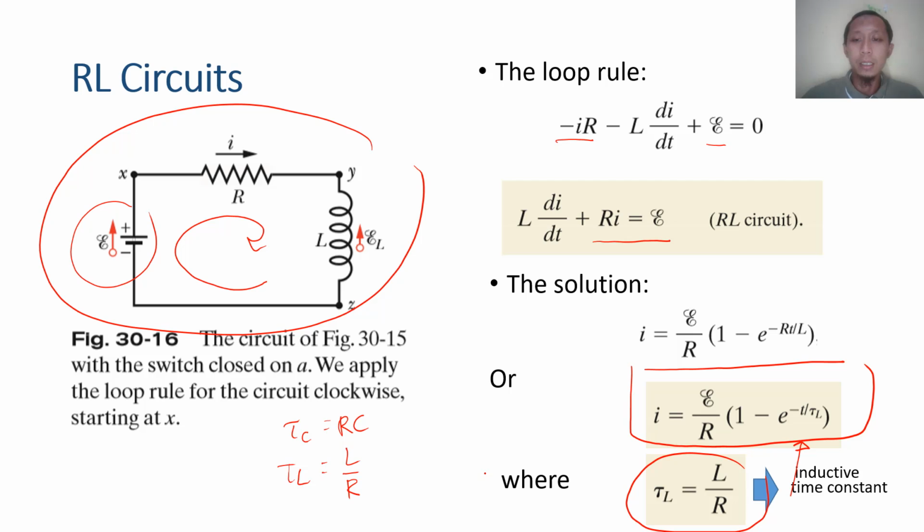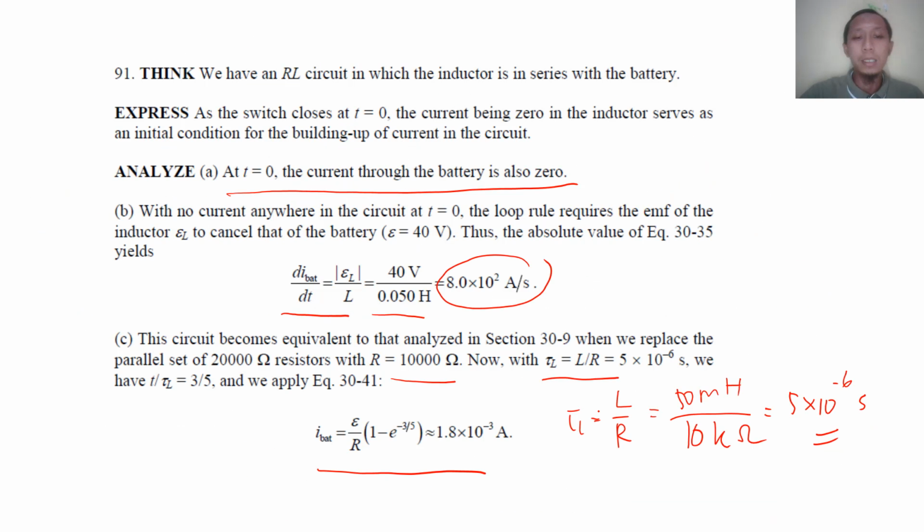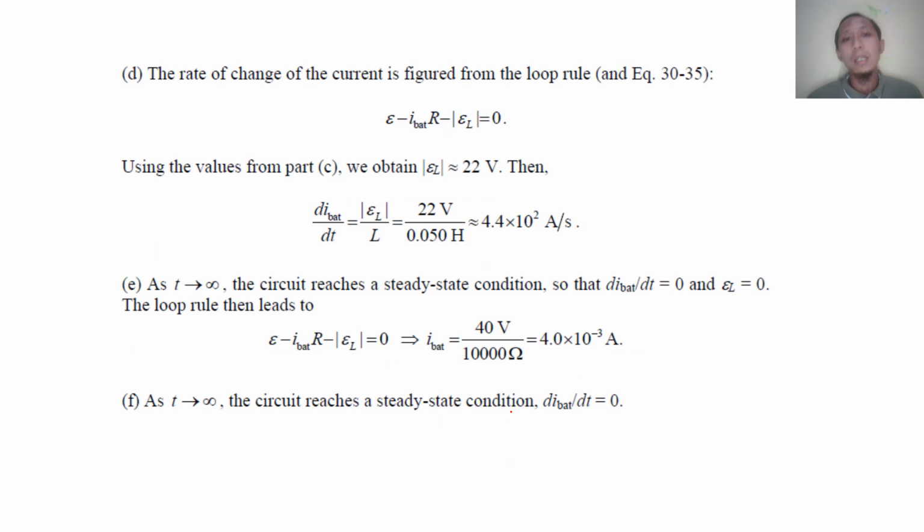So we get I_bat is E per R times (1 minus e^-3 per 5), because t per tau_L is 3 per 5. So we get I_bat is 1.8 times 10^-3 ampere.